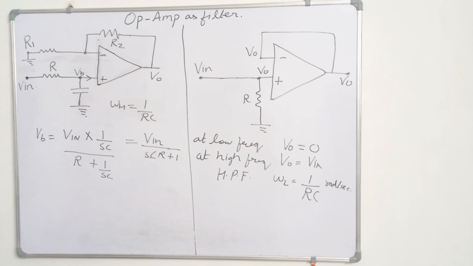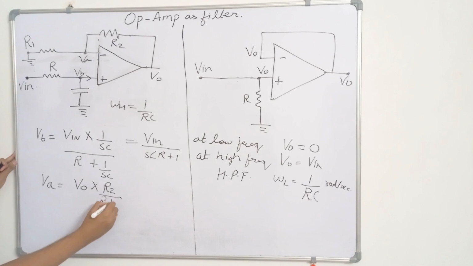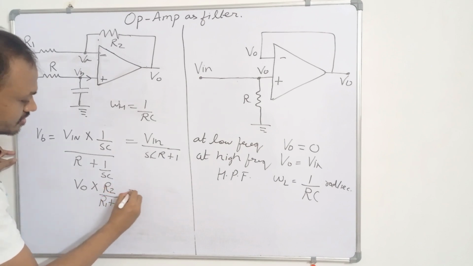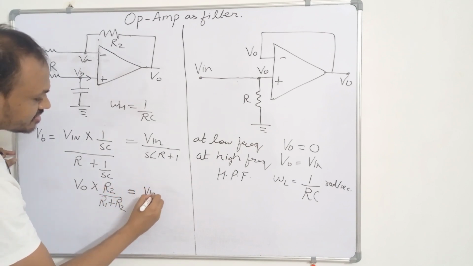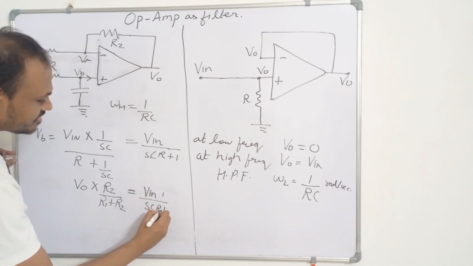And the inverting voltage is VA. So VA equals V naught into R1 upon (R1 plus R2). By the virtual ground concept VA should be equal to VB, so this should be equal to V in upon (SCR plus 1).